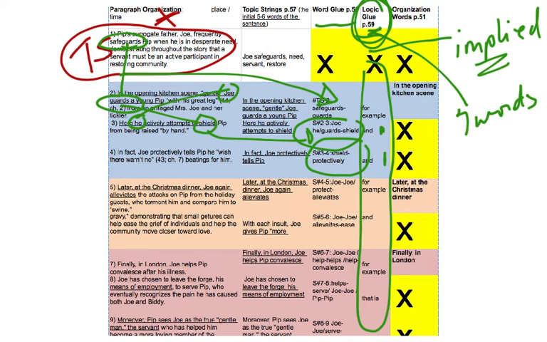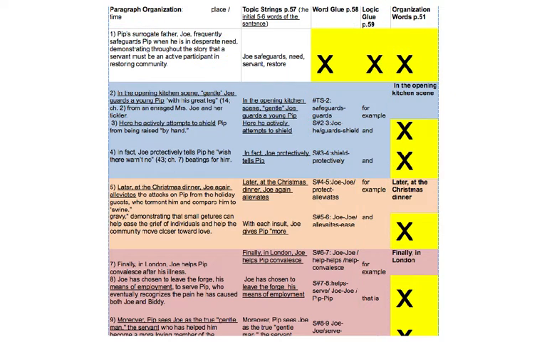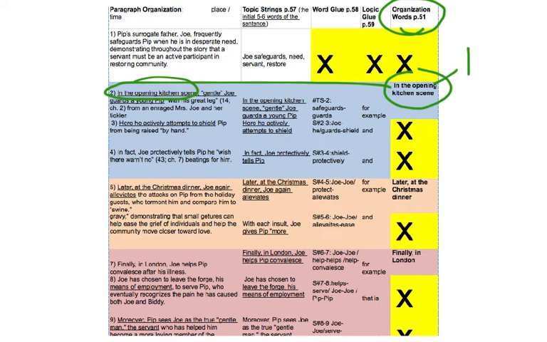The last column is also kind of tricky, but it reflects the words that you place in the paragraph that indicate how you're organizing. So, for instance, we place these words here in the opening kitchen scene. They appear right in that sentence. That's because we're going to organize by time and place.